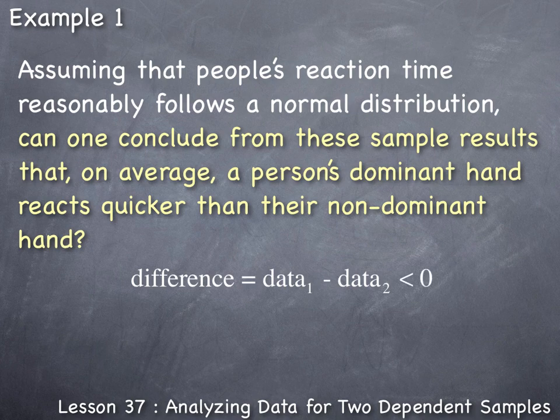So the hypothesis we'd be testing here is that on average, the mu, difference between the dominant hand and non-dominant hand reaction time will be less than 0. This is the case when the answer is yes, the person's dominant hand does react quicker than their non-dominant hand on average.